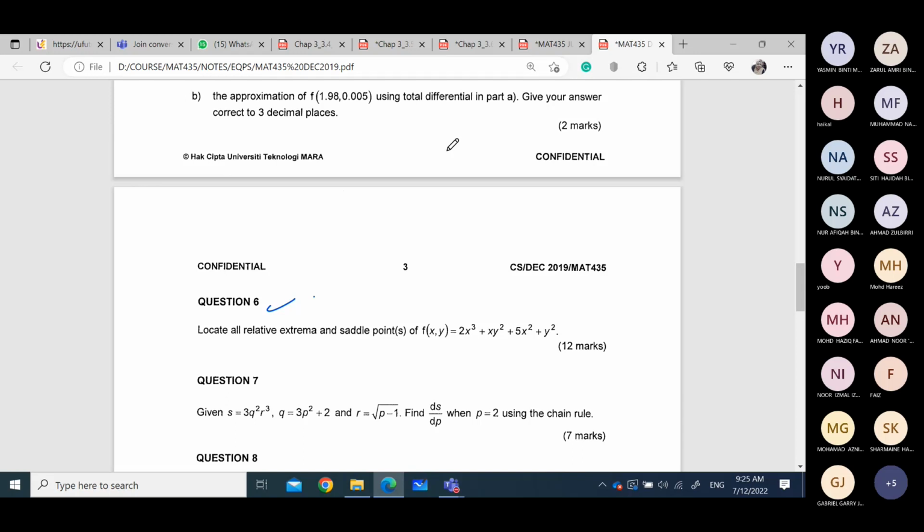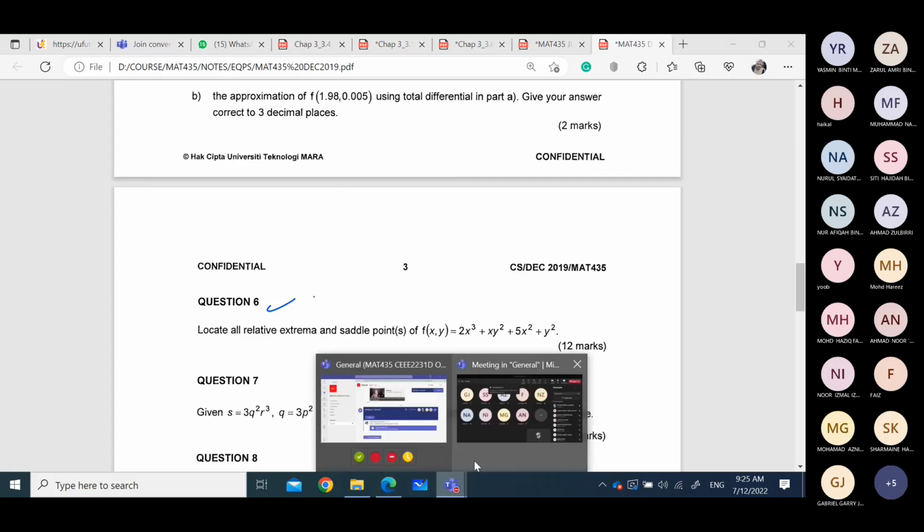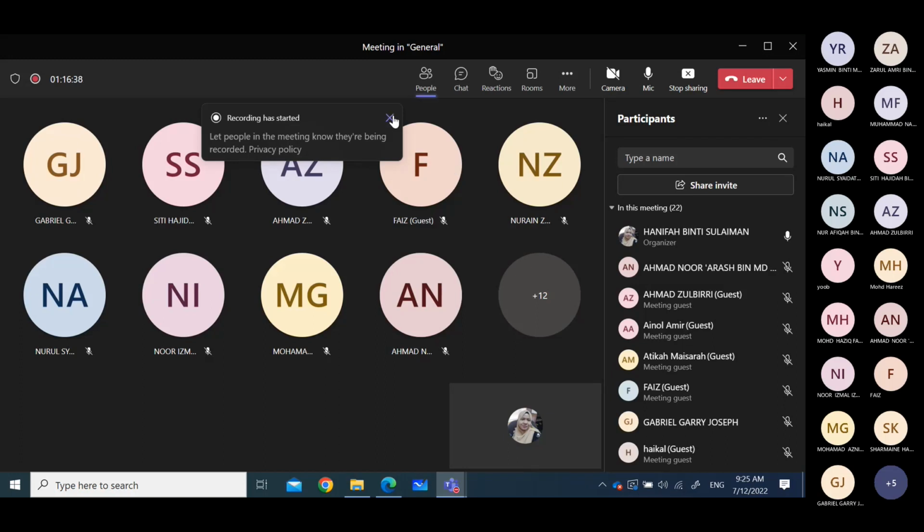Okay, so that's all about chapter 3. So chapter 3 is more on functions which involve more than one variable. Alright, so in chapter 3 what do we have?